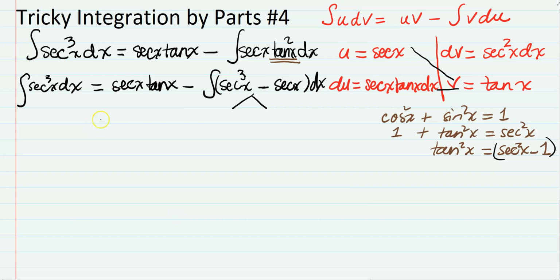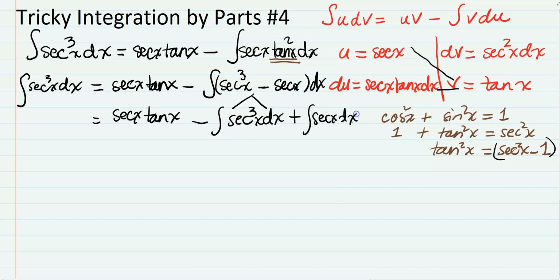So this becomes secant x tangent x minus the integral of secant cube x dx minus a negative, that would be plus the integral of secant x dx.